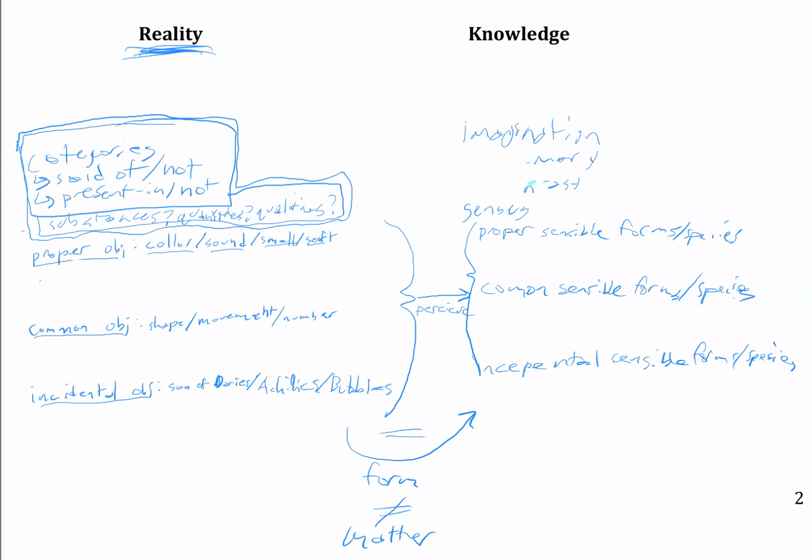What we get there is, so we saw there's proper sensible forms, common sensible forms, and incidental sensible forms in the senses. Well, we can remember the color, or remember the sound, or a smell, or a shape, or a movement, or remember Achilles, or remember Bubbles.